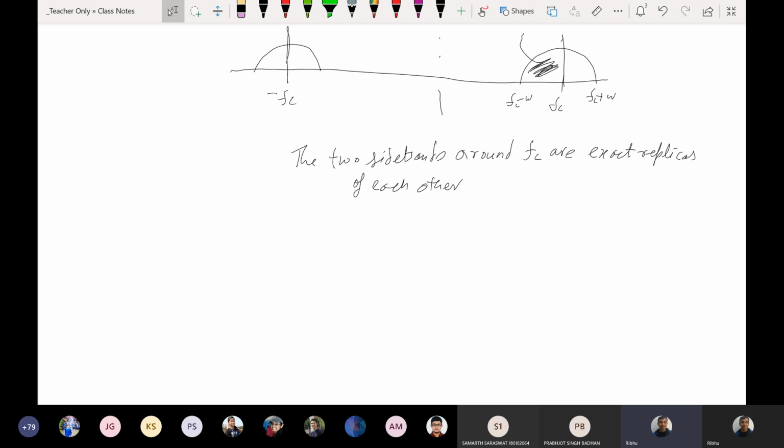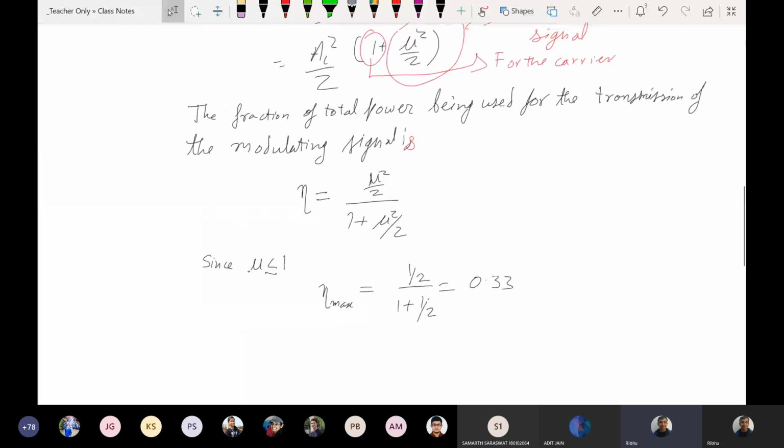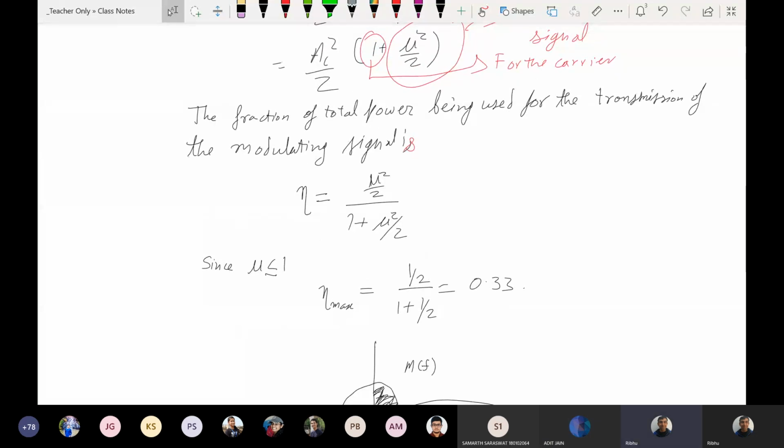Sir, can you explain again why is it wasteful? See, if you look at it in terms of power, the maximum power efficiency that you can achieve is 33%. Only 33% of the total power that you transmit is actually used for transmitting the information.